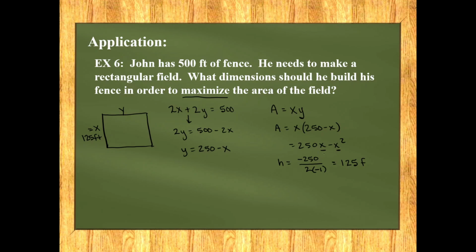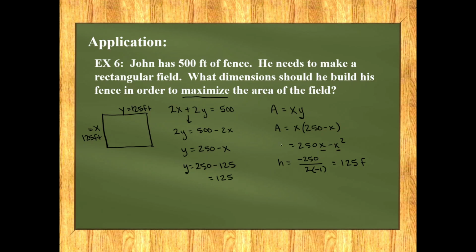Okay. Now, if I want to then find y that corresponds with that, I get a y value of 125 feet as well. Now, it makes sense to maximize a rectangle, we're going to make it a square. But this is the algebra that shows us why that is.